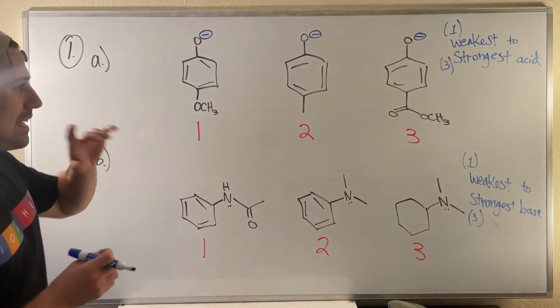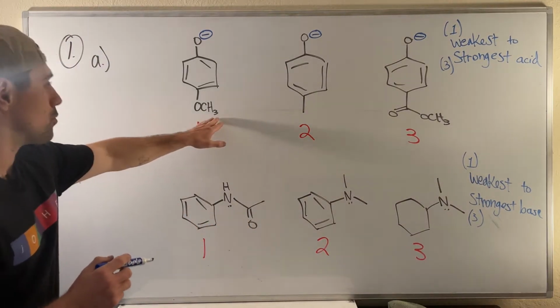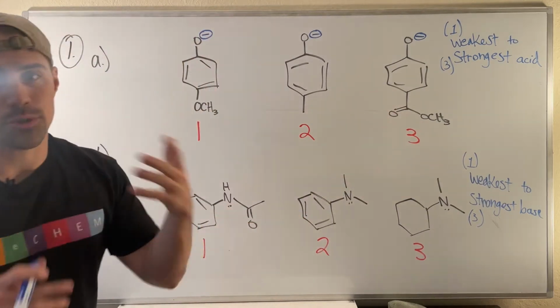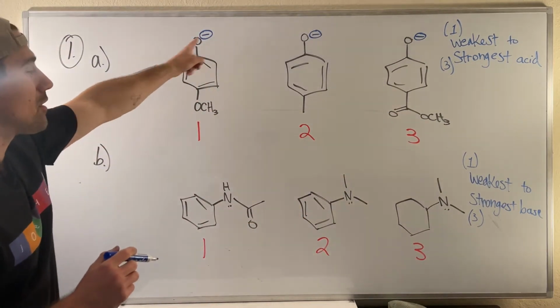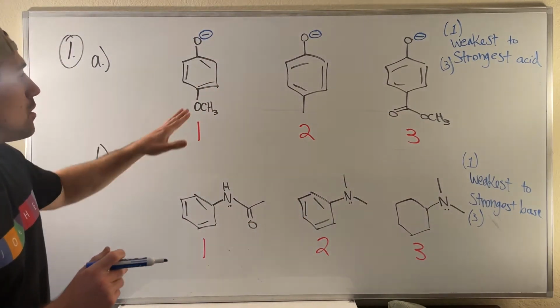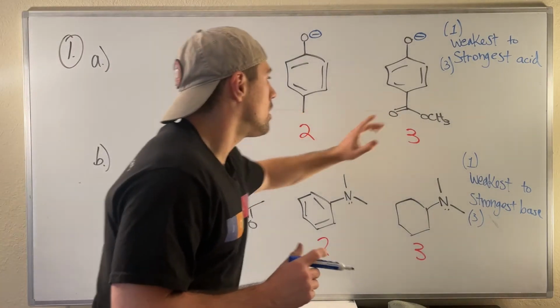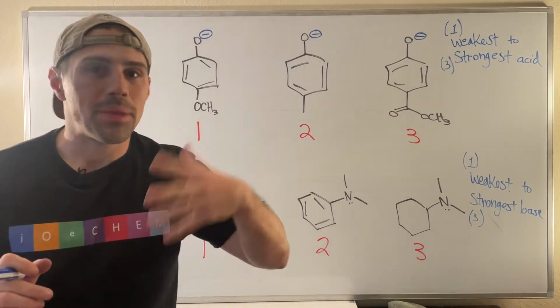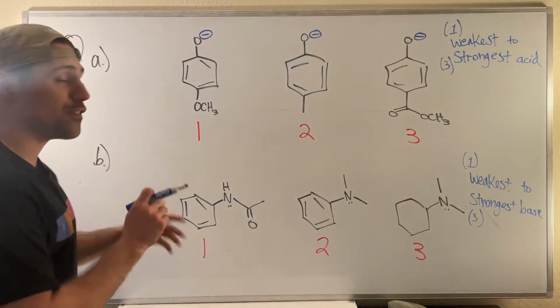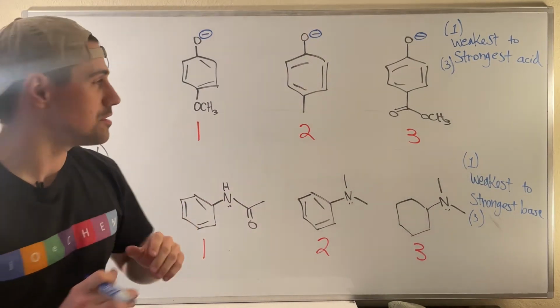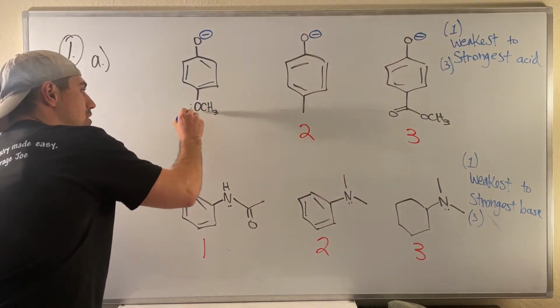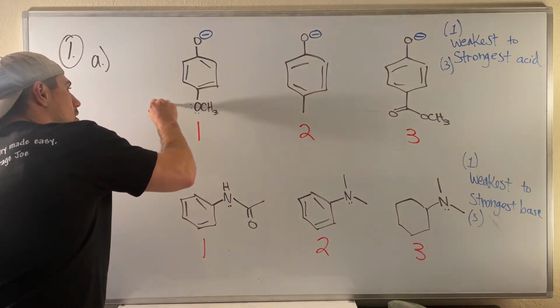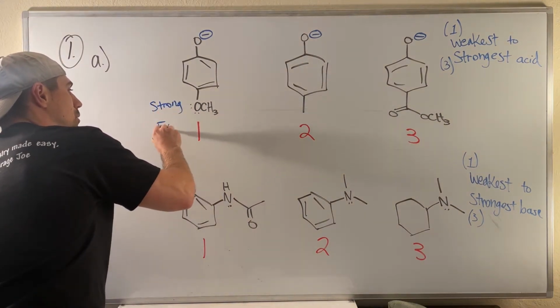So I think what you can see here is the groups down here are going to determine the strength of the acid. Obviously, we have a negative charge up top, and in judging these three, hopefully you can remember from your past benzene days, when we first started doing EAS reactions, this methoxy group is a strong electron donating group.